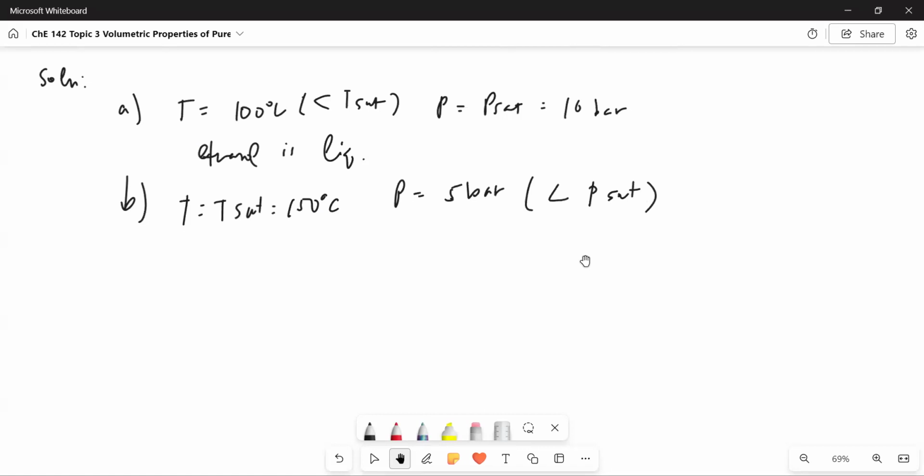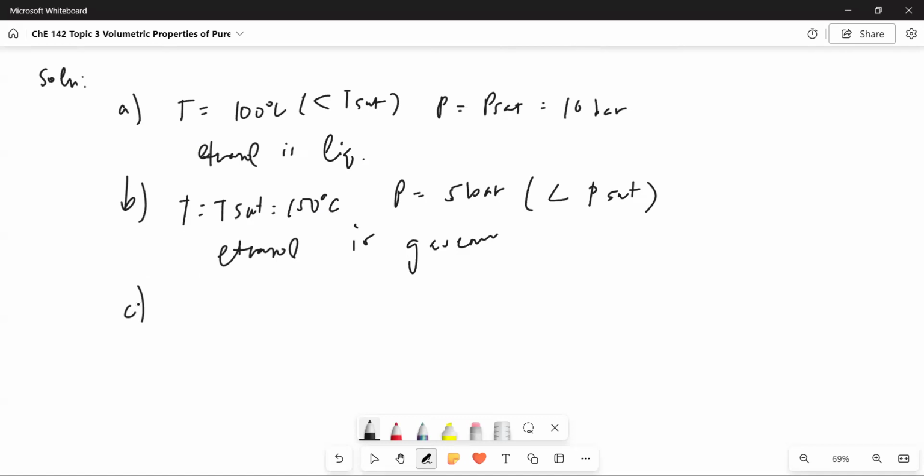I'm sorry. Okay, so that's wrong. So the pressure is less than Psat. Okay, it allows for more movement, for the molecules to move more around. There's less pressure. So therefore, ethanol is gaseous. Okay, so ethanol is gaseous.